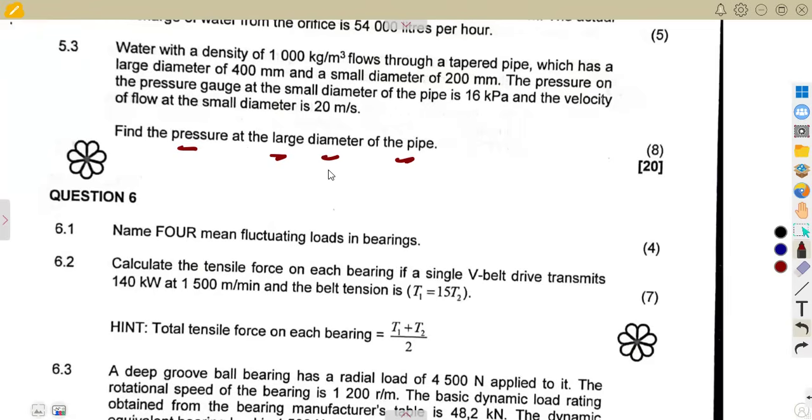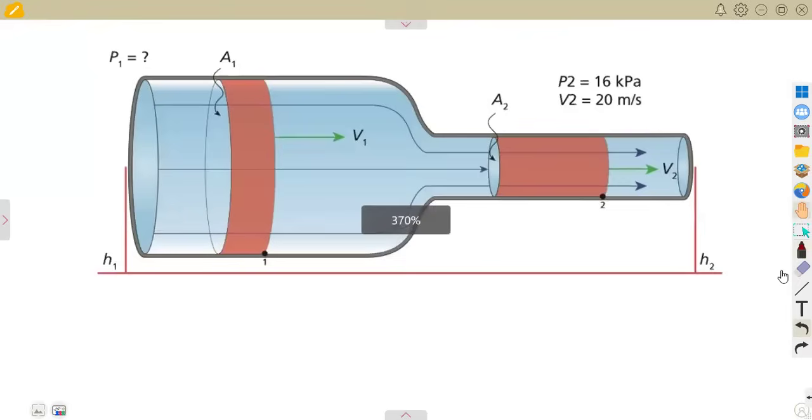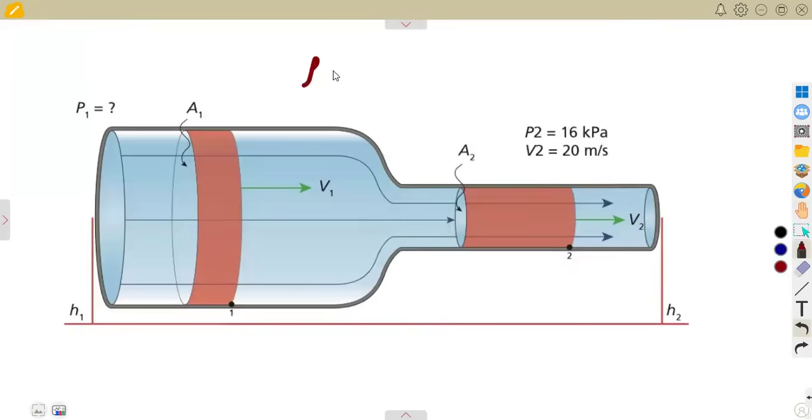So we're given the density of water, the larger diameter 400 millimeters, the smaller diameter 200 millimeters. All right, so this is what we have. I'm just going to use this diagram, the density of water at 1,000 kilograms per cubic meter.